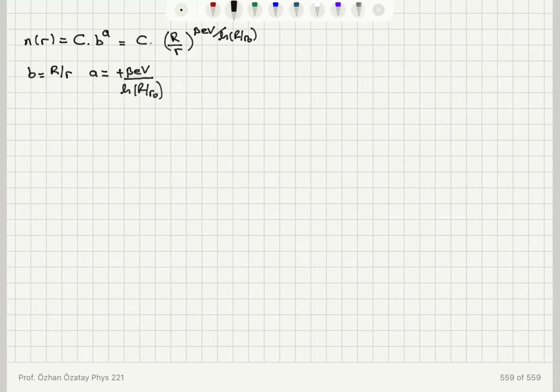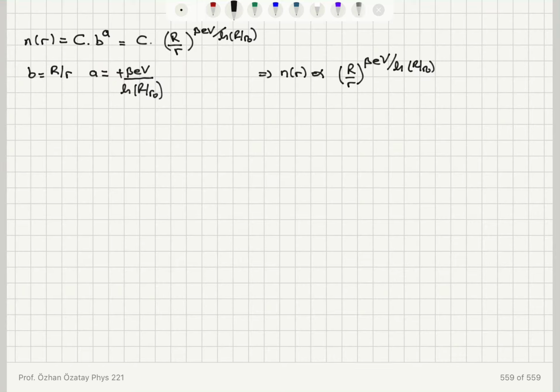So let me rewrite it here to make sure I have the right answer. It's a constant times, or we can say it goes as, capital R over r to the power beta EV divided by natural logarithm capital R over R0.